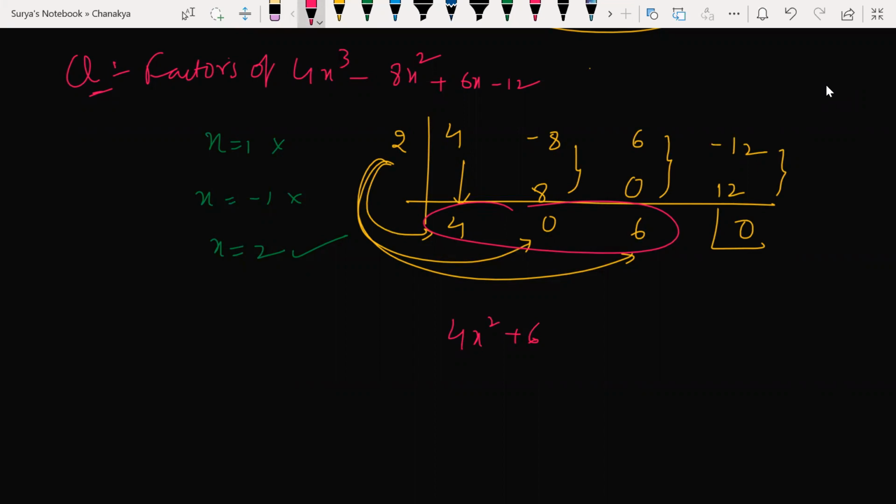Taking 2 common, 2 into 2x square plus 3. Tell me, adding, subtracting something? Yes, sir, it is a square. So I found out the last answer. So can we add and subtract 2? Can I do it like this?